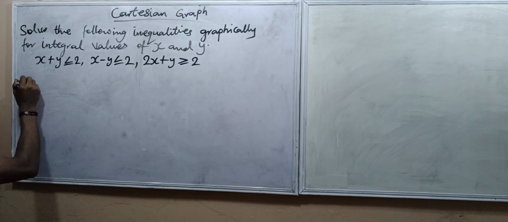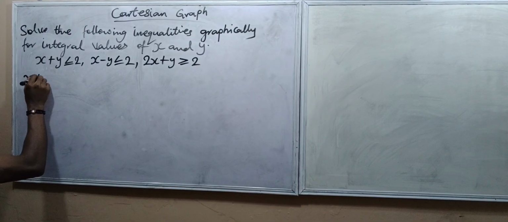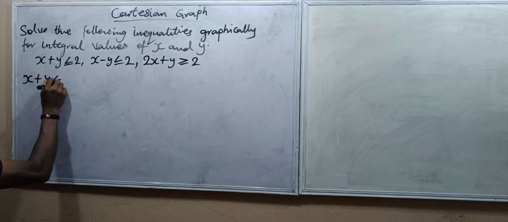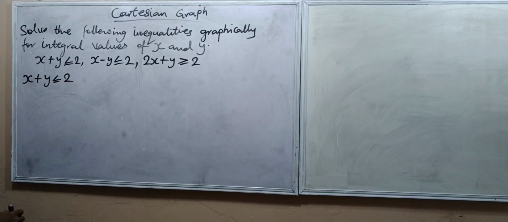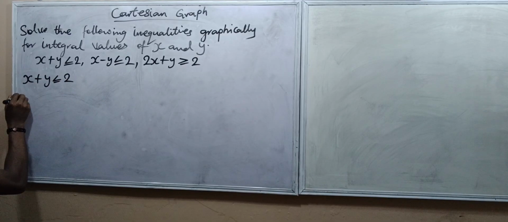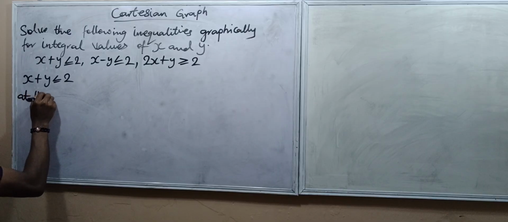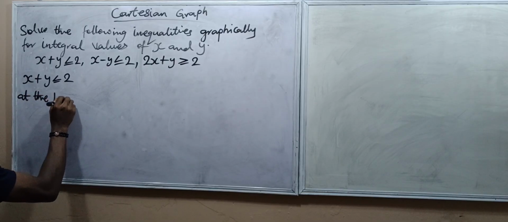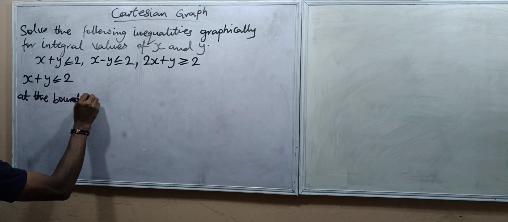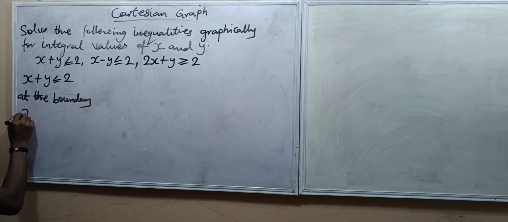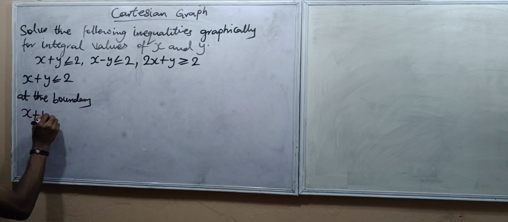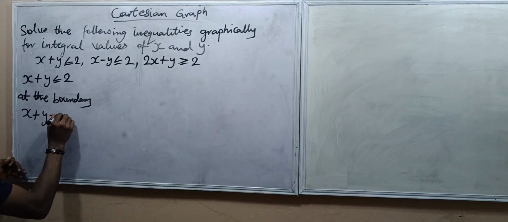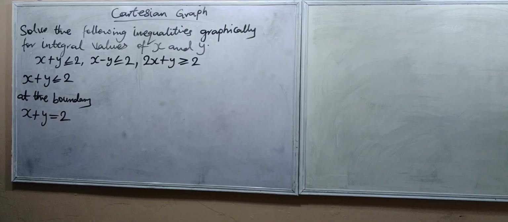The first one says x plus y is less than or equal to 2. Now at the boundary, x plus y will equal 2. Now we need to get the values of y and x when one of them is equal to 0.